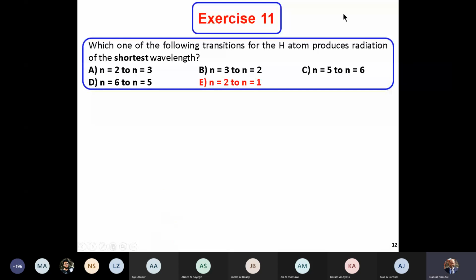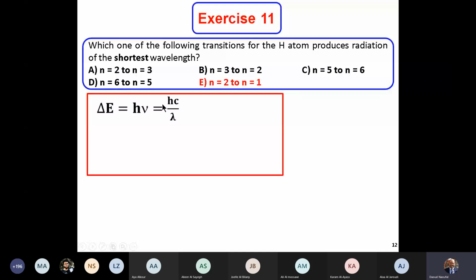Exercise 11. Which of the following transitions for the hydrogen atom produce radiation of shortest wavelengths? This is the inverse of exercise 10. Delta E equal hc over lambda.